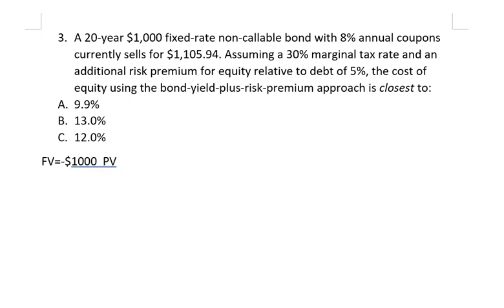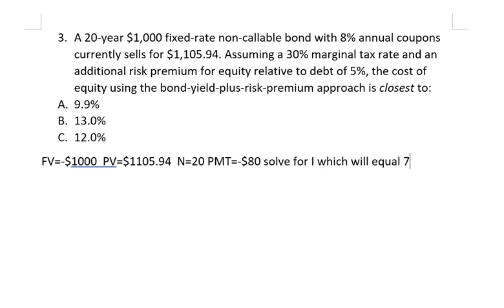PV equals $1105.94. N equals 20. PMT equals minus $80. And we solve for I, which will equal 7%.